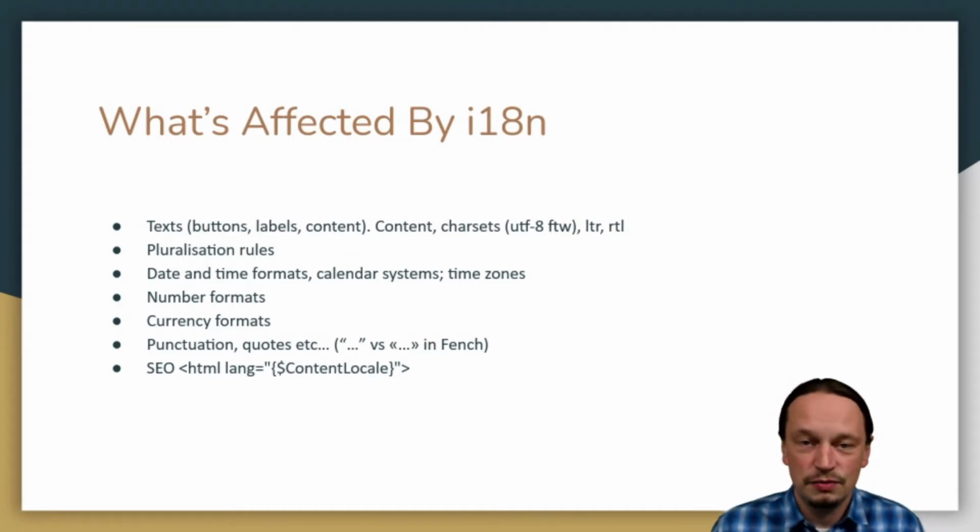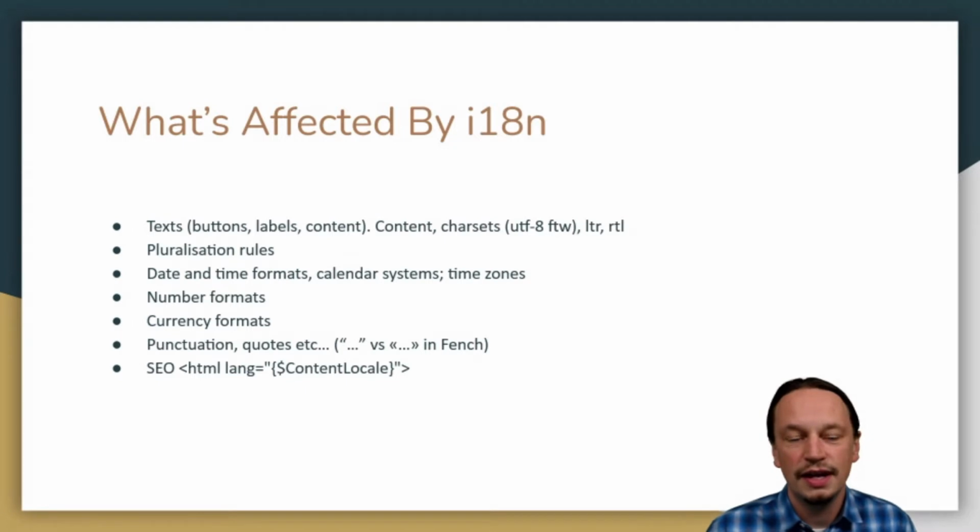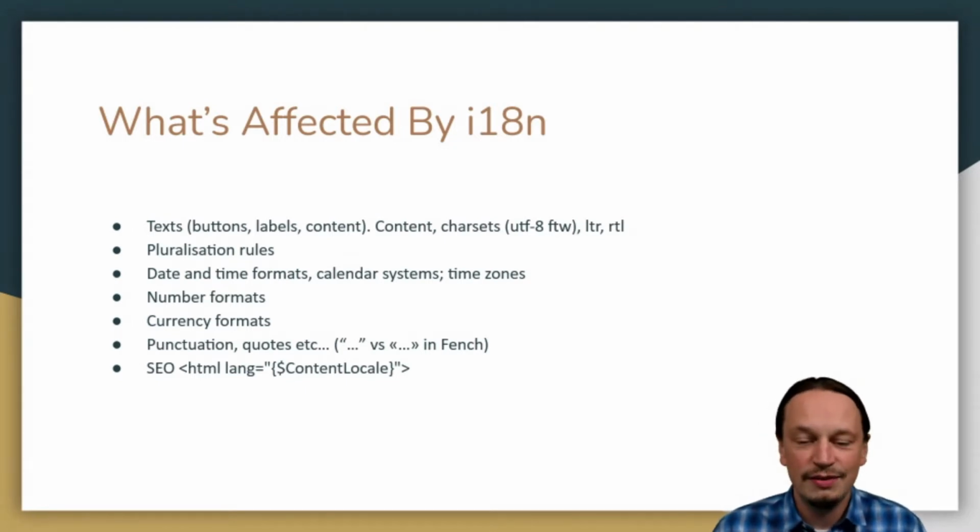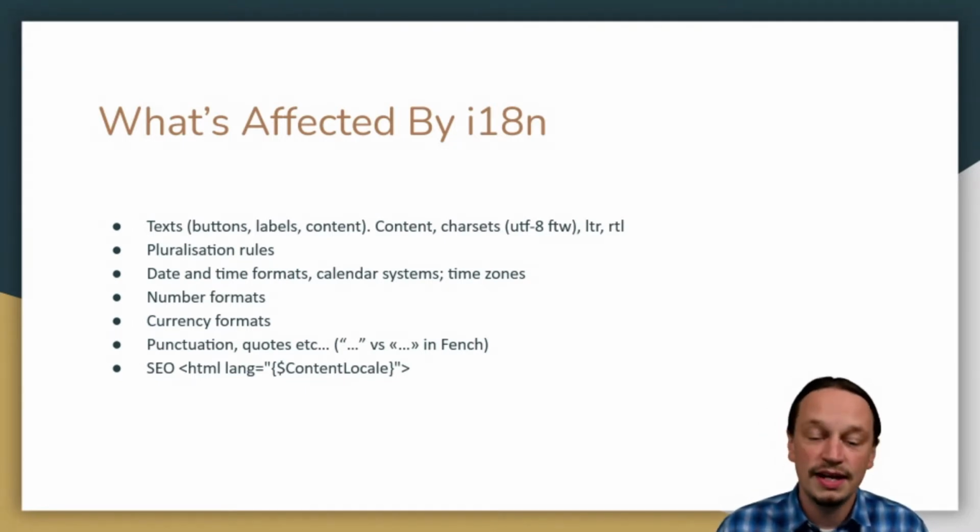And maybe you would have to deal with left to right versus right to left languages, like the Arabic languages, they're written right to left. Pluralization might be different in other locales, and so are date and time formats, calendar systems, time zones, like on the Silverstripe StripeCon website.